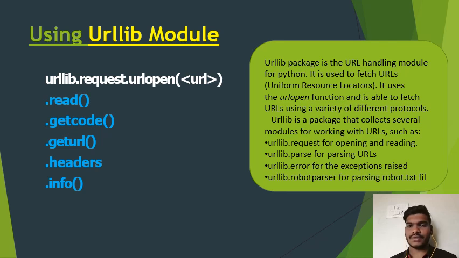It uses the urlopen function and is able to fetch URLs using a variety of different protocols. urllib is a package that collects several modules for working with URLs, such as urllib.request for opening and reading, urllib.parse for parsing URLs, urllib.error for exceptions raised, and urllib.robotparser for parsing robots.txt files.